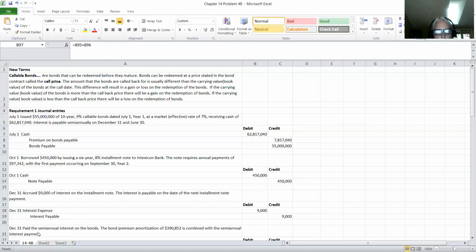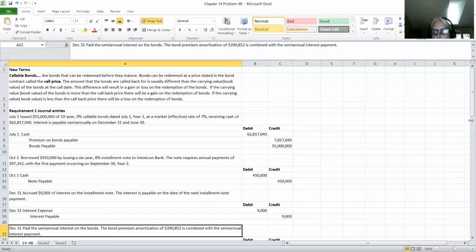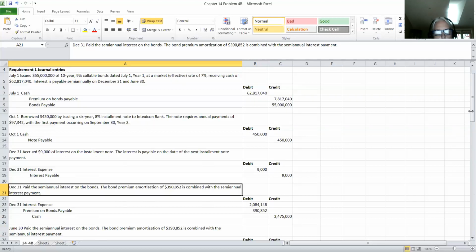On the second December 31st entry, we have paid the semi-annual interest on the bonds, and the bond premium amortization is going to be $390,852, which is combined with the semi-annual interest payment.